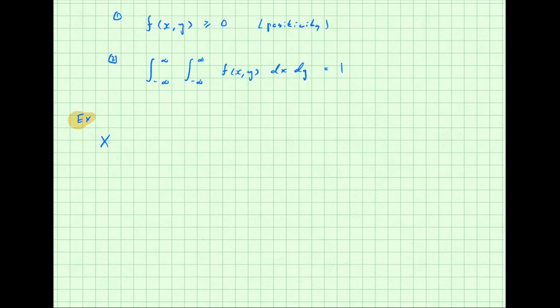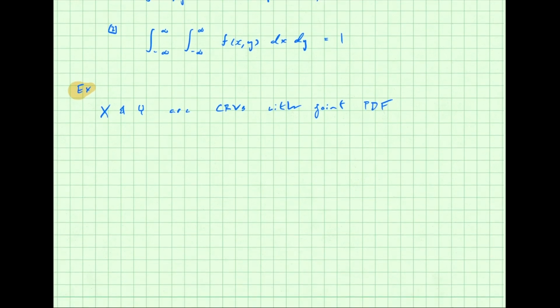So let's say x and y are both continuous random variables, and they have a joint PDF. It's a relatively simple one. Let's write it down.